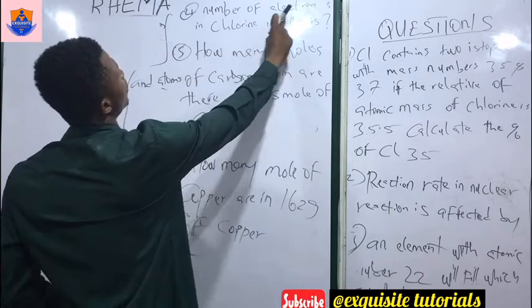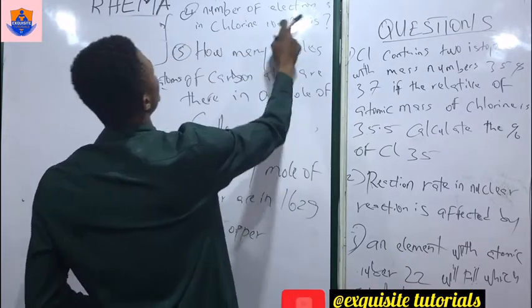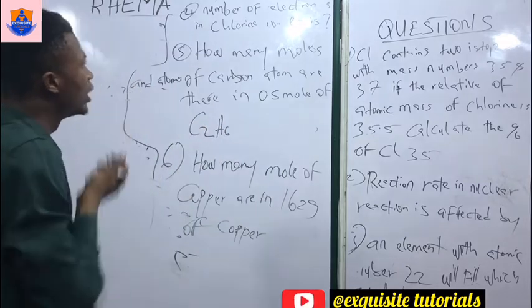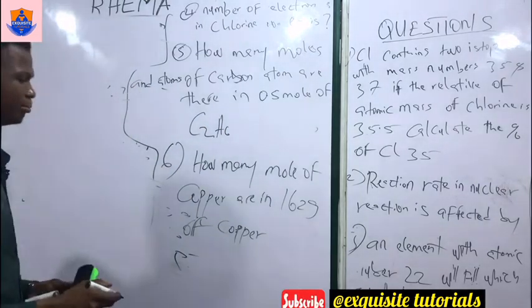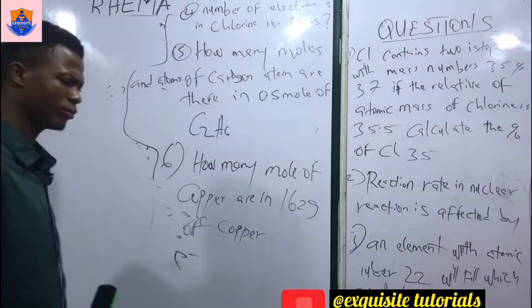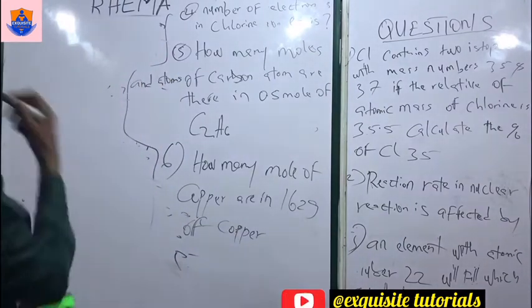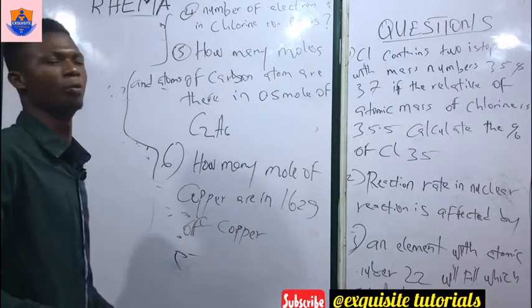The number of electrons in chlorine ion is dash. Now this one is talking about ions. Let's take this question to your periodic table.